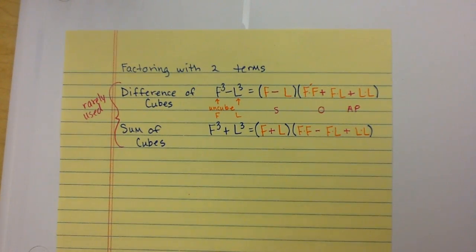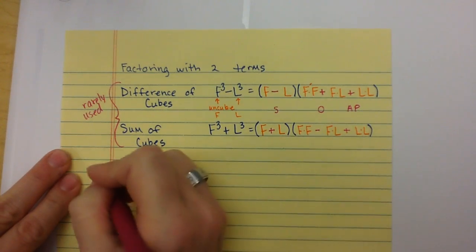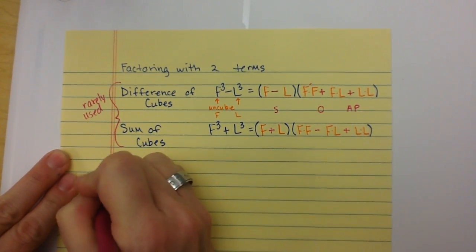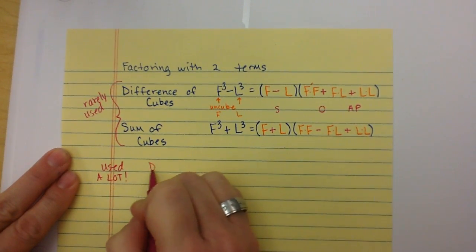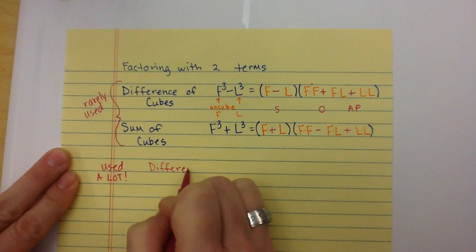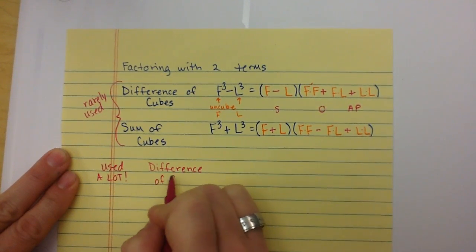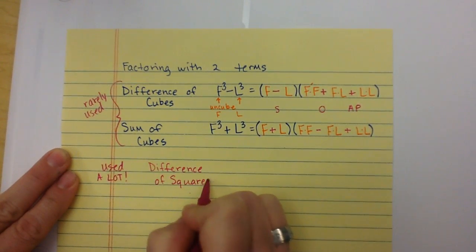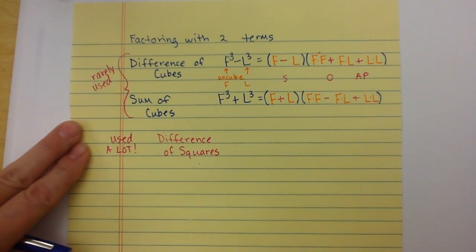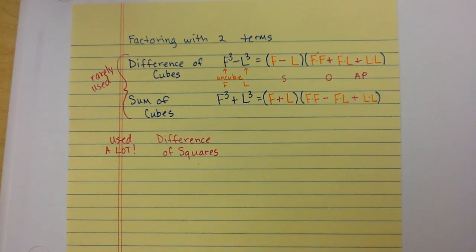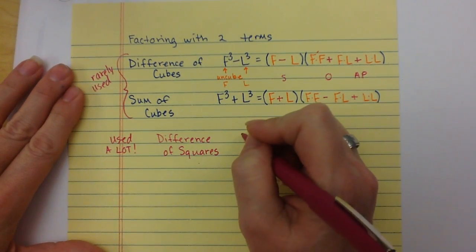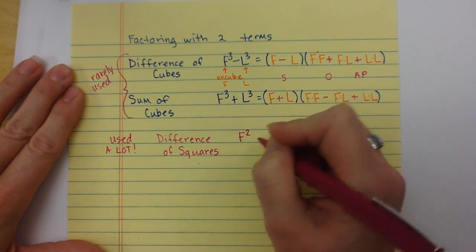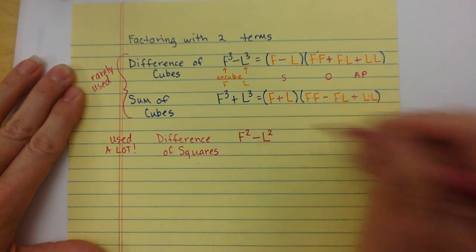The one that you'll use a lot is difference of squares. And if you can recognize the pattern for difference of squares quickly, it will save you so much time. So difference of squares is when we have a square thing subtract another square thing.